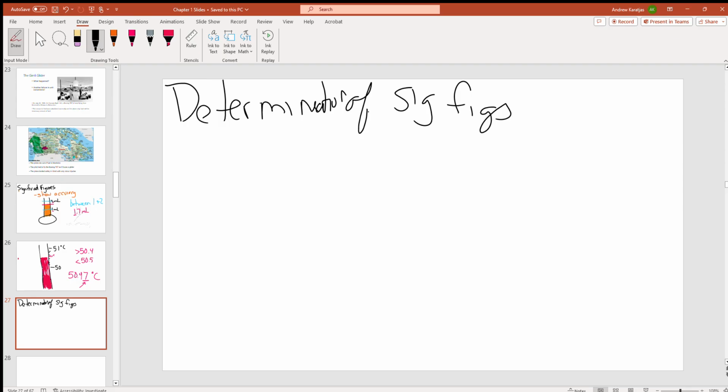So there's a couple of rules we need to remember. First rule, any non-zero, so 1, 2, 3, 4, 5, 6, 7, 8, 9, any non-zero, is always significant.